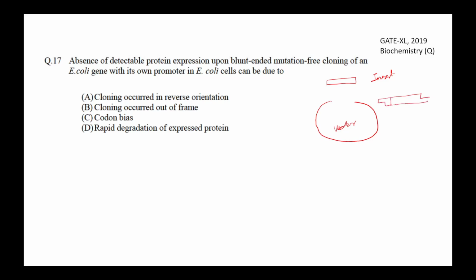Okay, so some restriction endonucleases create this kind of end that is called sticky ends. Okay, so the vector is also harboring the same kind of end. So if the vector also has the same end, this kind of ligation can take place.